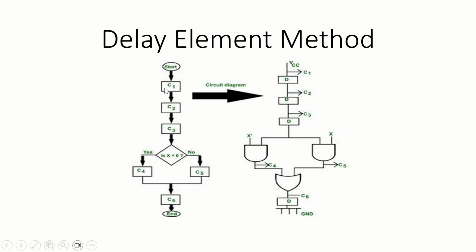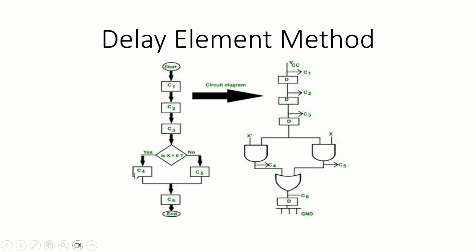So here the first step we start. Then in C1 we perform the first instruction. Suppose it's to store the memory of A. Then second, it's to store the memory of element B. And third one is to store the operation to be performed.